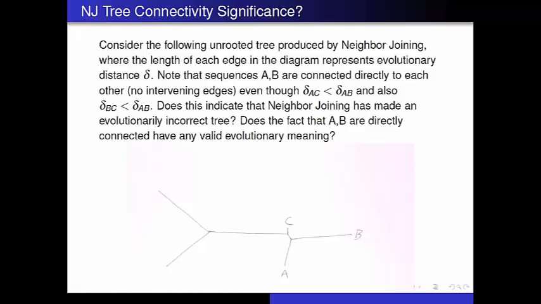What does it mean evolutionarily if it has any valid meaning? Any question about what you're being asked? Okay, so I think if you log in the usual way, you should see this question.